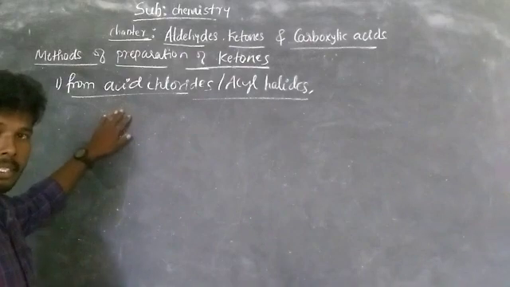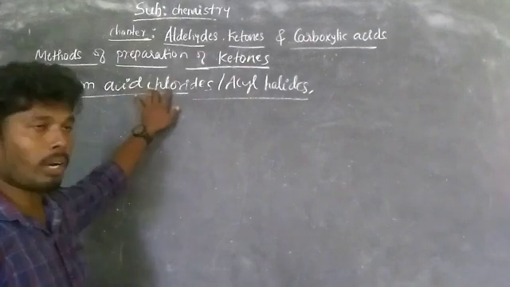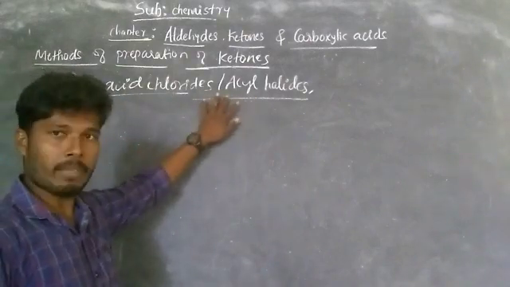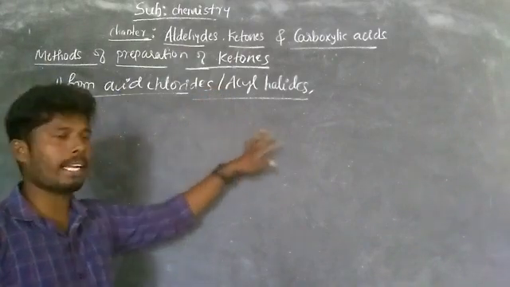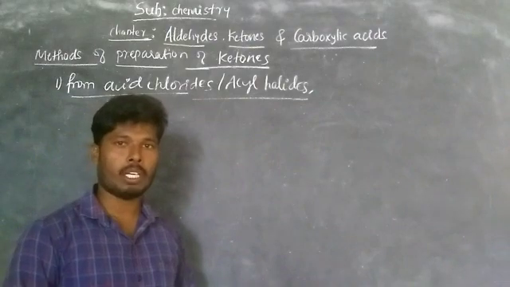So in this reaction, acid chlorides or acyl chlorides, both are said. These are treated with dialkyl cadmium. We get the respective ketone compound.